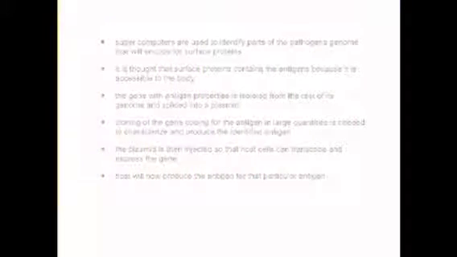The plasmid is then injected so that host cells can transcribe and express the gene. The host will now produce that particular antigen. Because computers are used to detect these proteins, this process is a lot faster than the conventional vaccine approach.